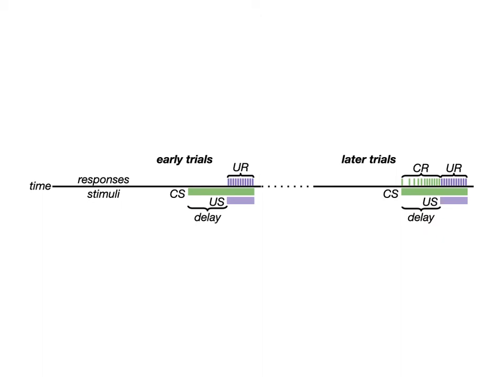Remember, in early trials, you present the conditioned stimulus a little bit before the unconditioned stimulus, and then the unconditioned response occurs, right? The responses are on the top, the stimuli are on the bottom. Early trials, you present early on, and all you get is the unconditioned response. But later on, as you start to present that stimulus early, the conditioned response starts to occur before the unconditioned response, right?